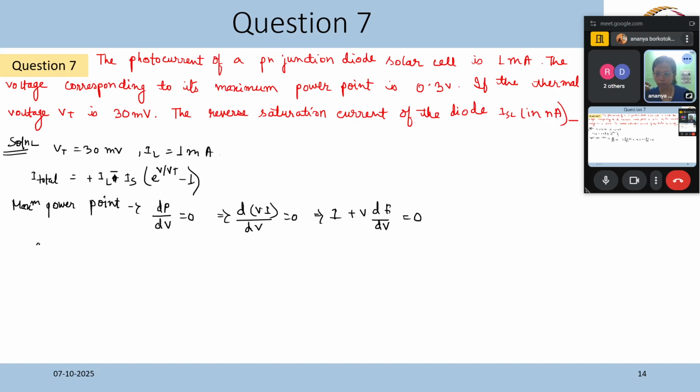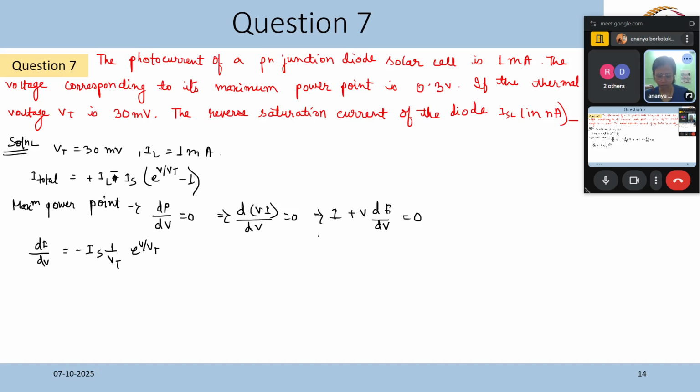What is my dI by dV? This is my total current, right? So this is minus IS; the photocurrent is a constant with respect to V. So this is 1 by Vt, thermal voltage, exponential V by Vt, right? Okay, so this is my derivation.